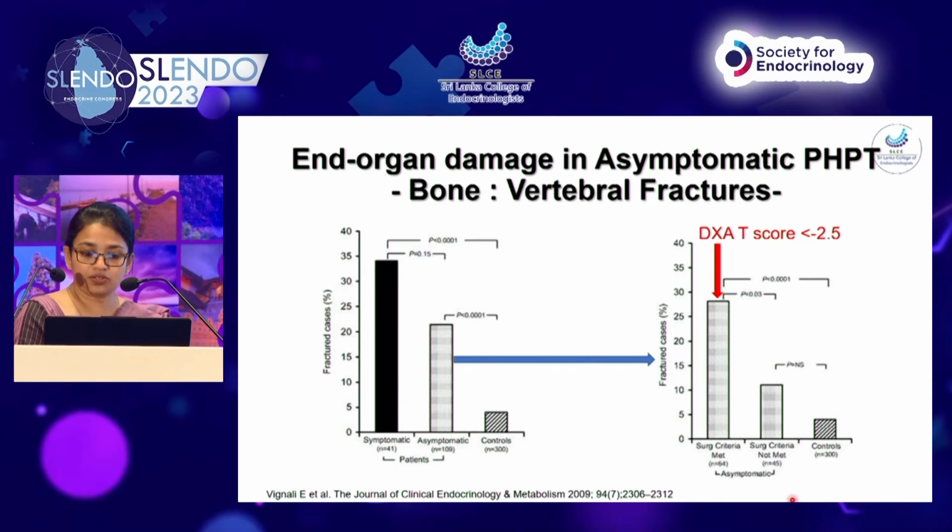In this latter group, although you can see a slight difference on the graph, it was not very significant compared to the controls. You may know that this is the DEXA criterion for surgery. So having the surgical criteria met, this group had a significantly higher fracture risk in the asymptomatic hyperparathyroid group.